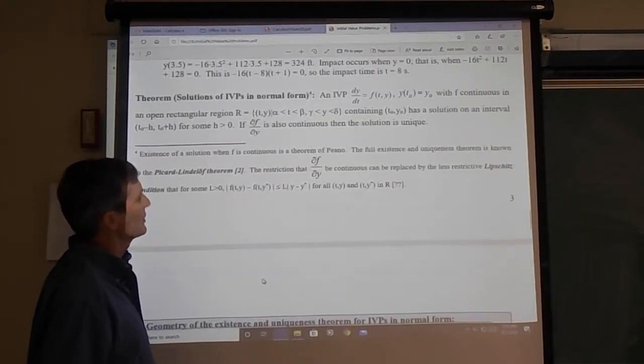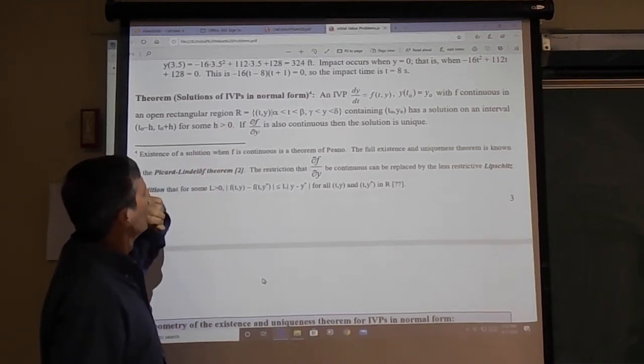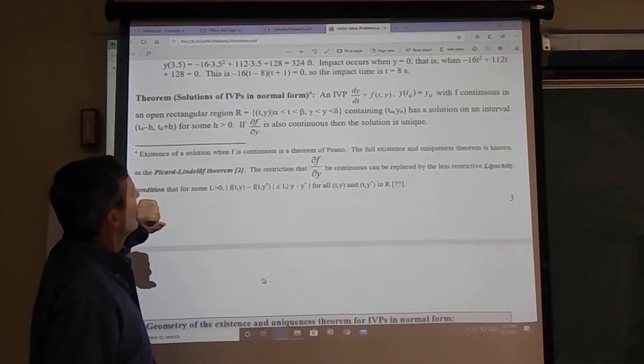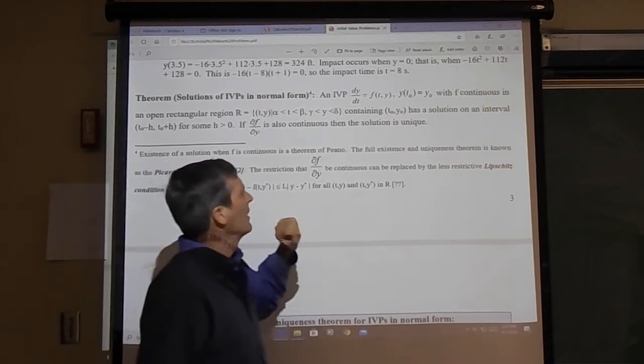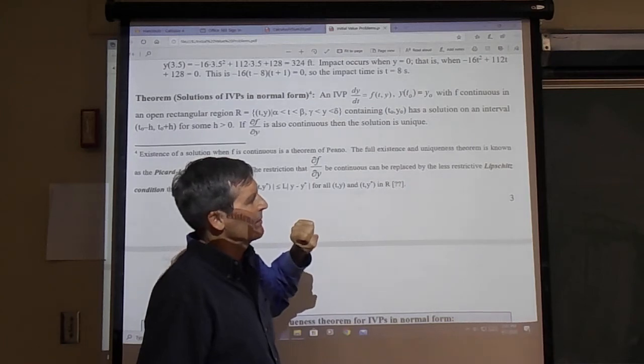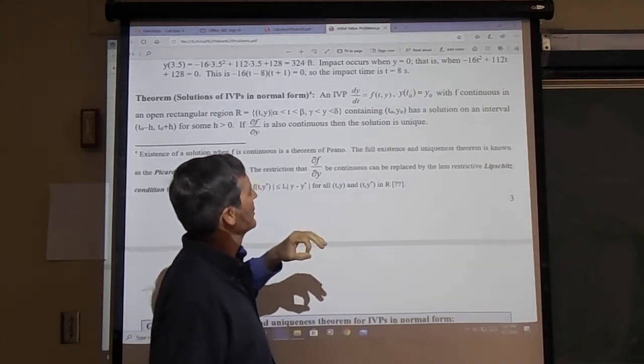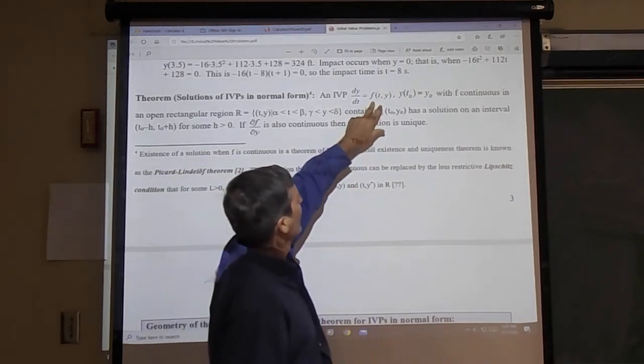All right, well, let me mention one more thing here. Here's our first existence and uniqueness theorem. This is in your book, it's 1.1 or 1.2, I forgot which one, or 1.3.